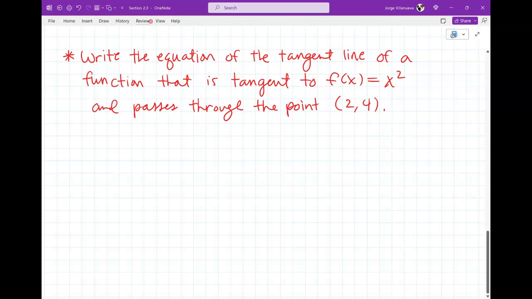There's going to be two problems like this. I'm going to ask you to write an equation of a tangent line that is tangent to a function, in our case x squared, and that passes through the point 2, 4.